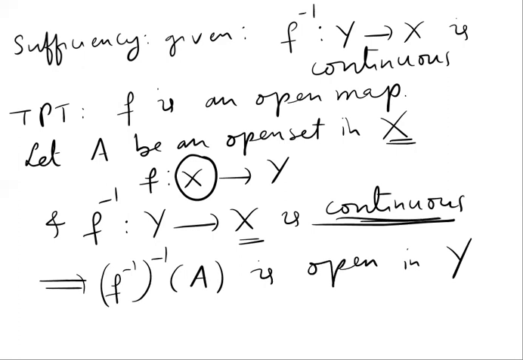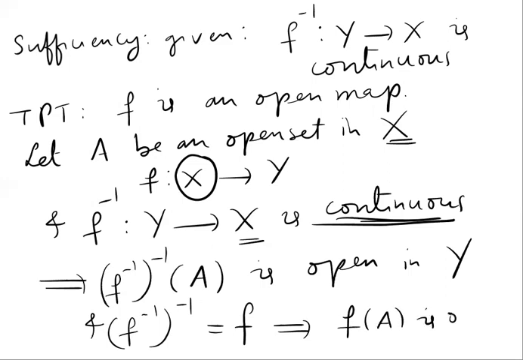And f inverse, whole inverse, is nothing but f. Replace: f of A is open in Y. Therefore f takes open sets to open sets, so this is an open map. Hence sufficiency. So we have proved a mapping is an open mapping if and only if f inverse is continuous.